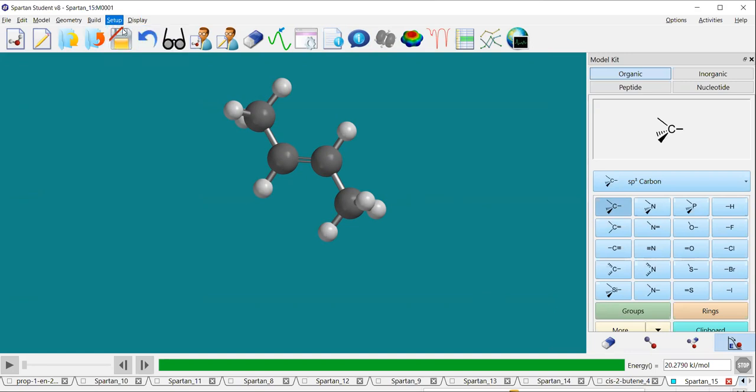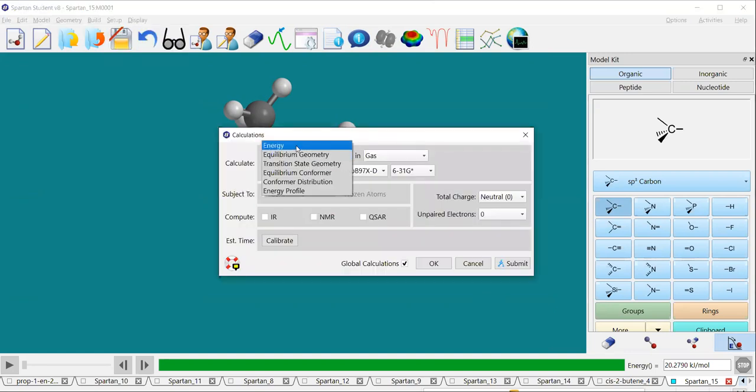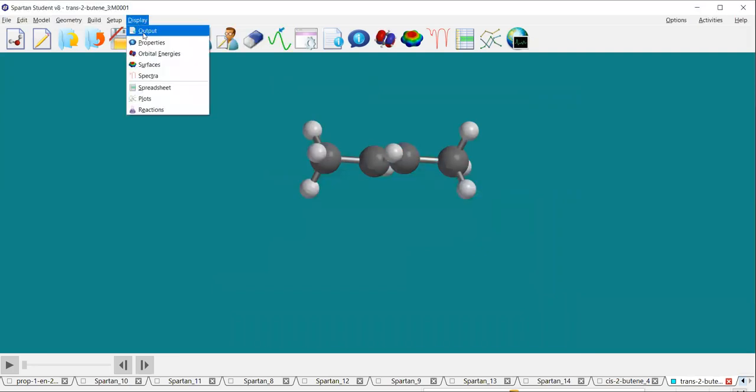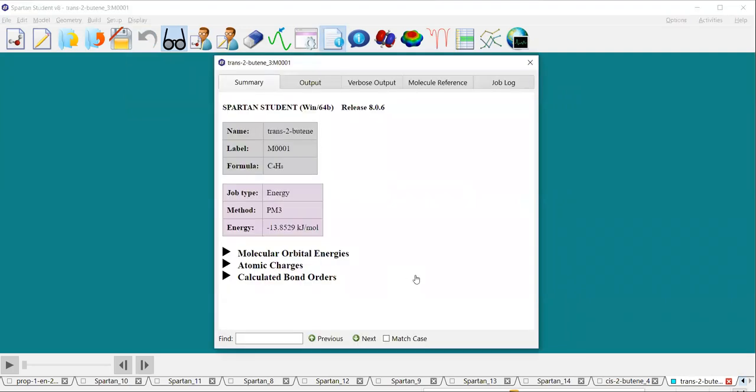Set up calculations, and I will pick up the same parameters. So it's ready to check it. It is negative 13.8529 kilojoules per mole. Record this number.